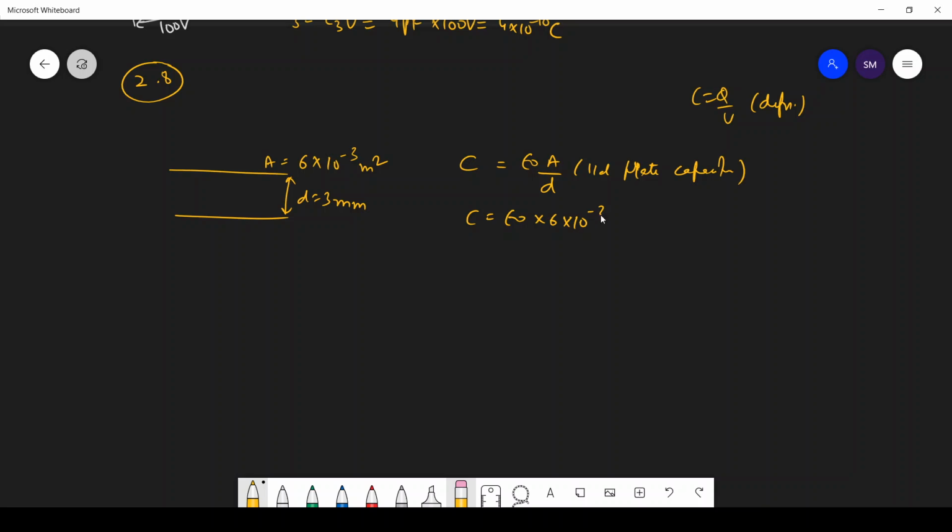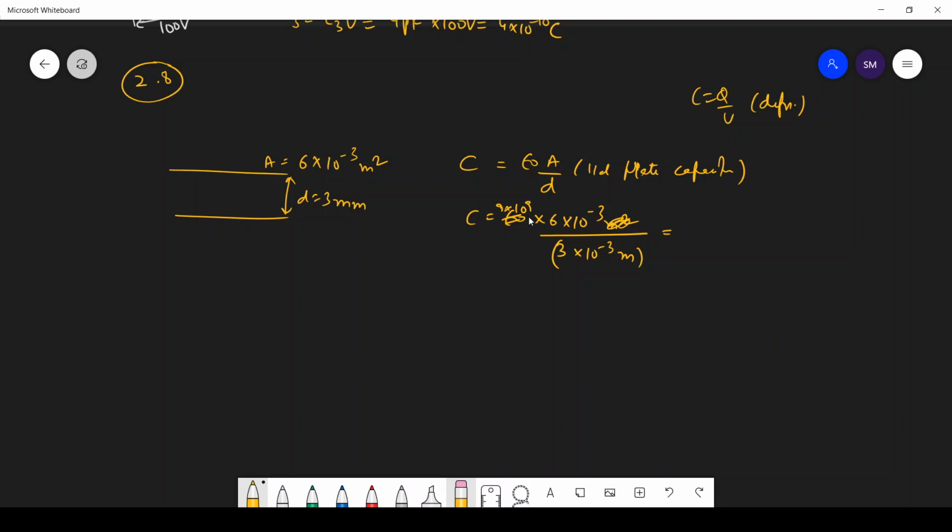So 6 into 10 to the power minus 3 meter square is an SI unit, fine. So epsilon is 9 into 10 to the power 9 divided by d. So 3 milli means 10 to the power minus 3 meters.